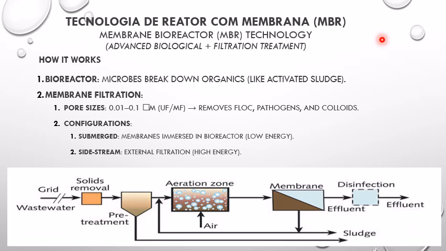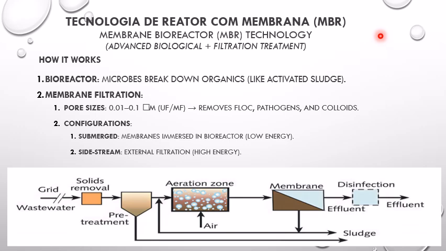So moving ahead, the next biological treatment method which we have is known as the membrane bioreactor technology. This is also called MBR. It's actually an advanced biological process in the sense that it combines the traditional biological treatment method and adds an additional layer, which is the filtration method, using a membrane.